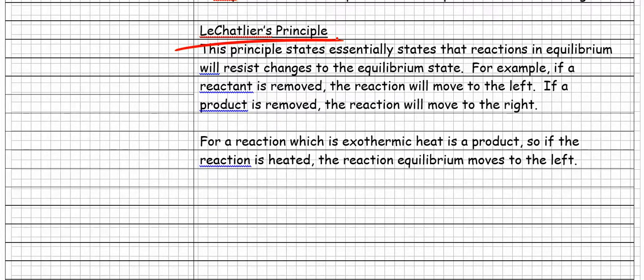In other words, it's going to counter whatever action you have, so that the equilibrium will be maintained even if you change something in the equilibrium expression. If a product is removed, the reaction will move to the right. And for a reaction which is exothermic, heat is produced as a product. So if the reaction is heated, the reaction equilibrium moves to the left, away from that side.